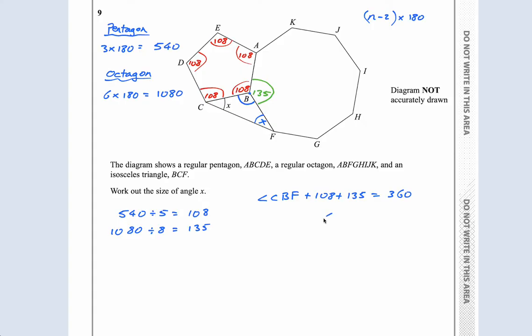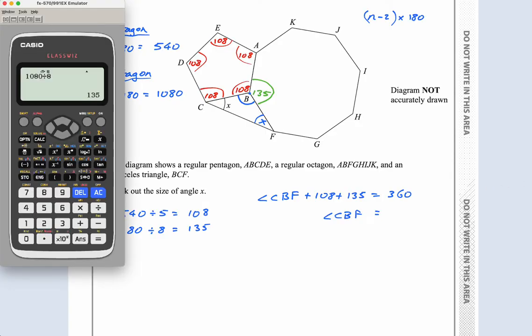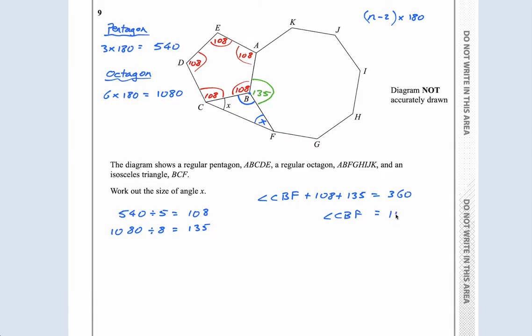Therefore, angle CBF equals 360 minus 135 minus 108, which is 117. So this angle here is 117.